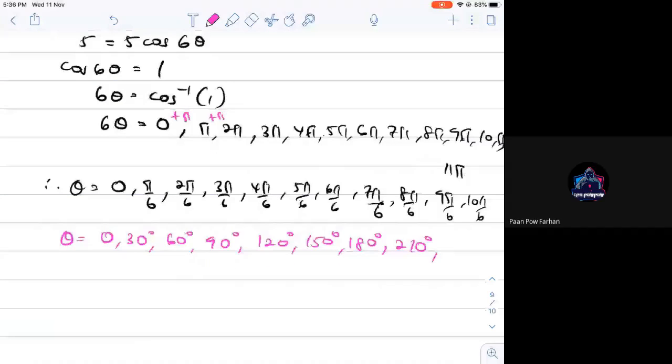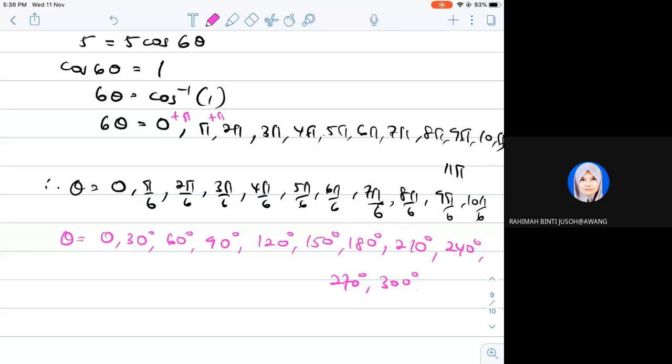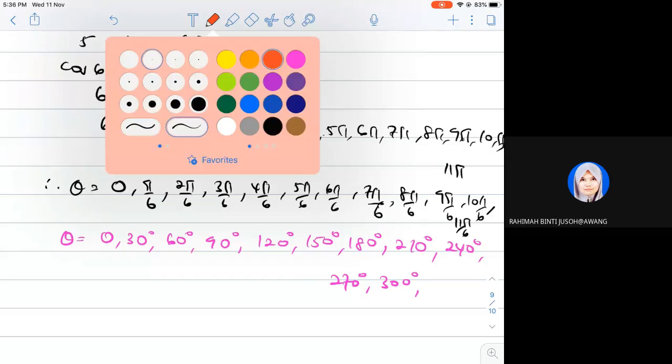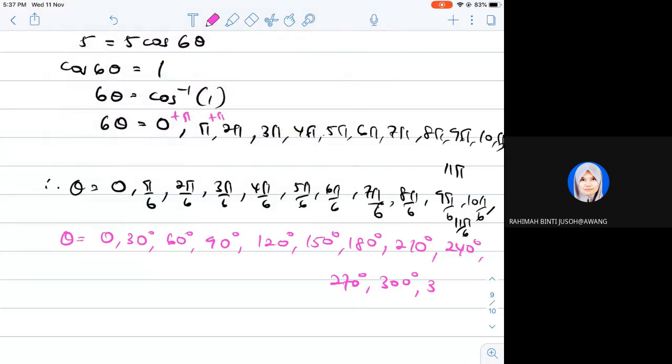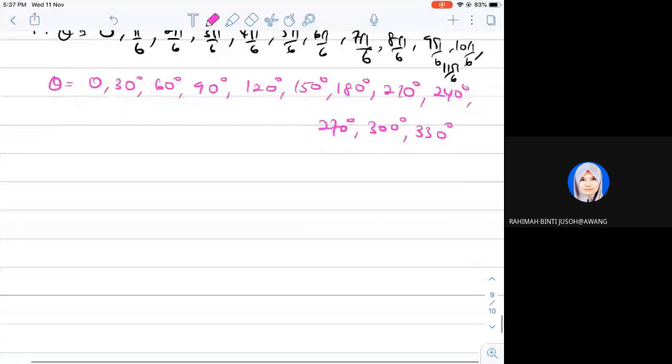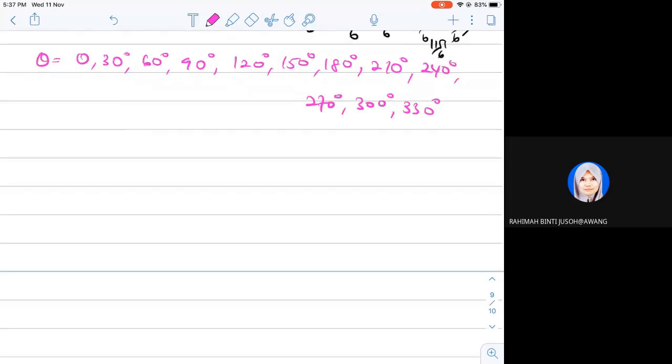Tedious. Yes, 240 degrees, 270 degrees, and then 300 degrees. Oh, I missed one just now, the 11 pi. 11 pi over 6 should be 330 degrees.